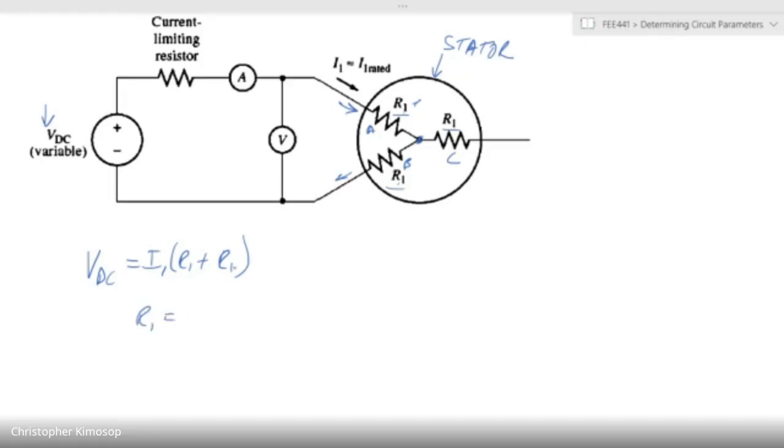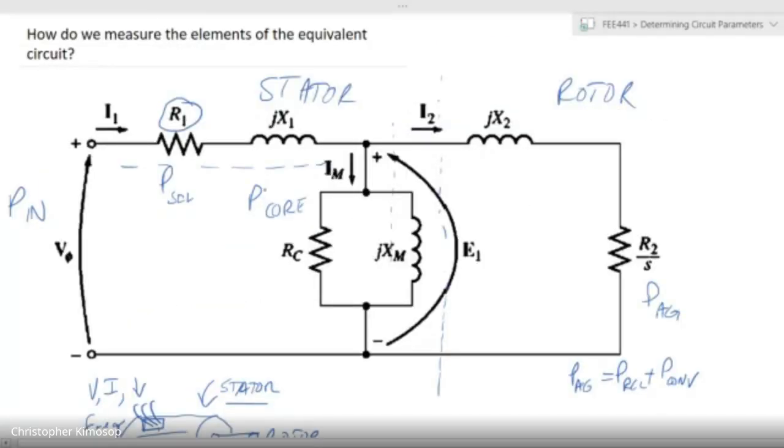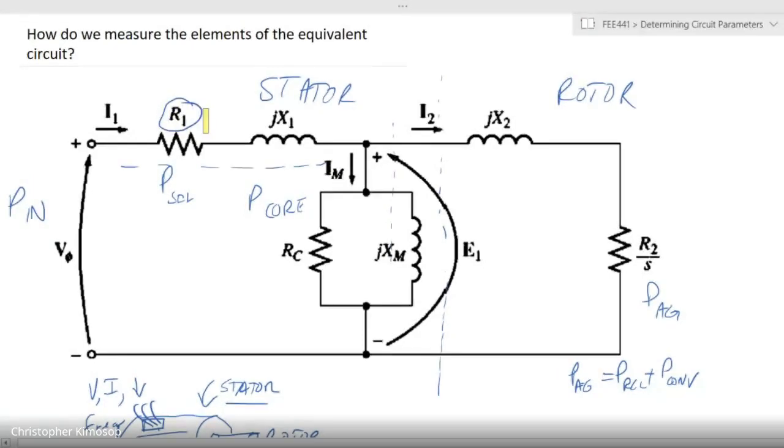So we rearrange so that R1 is the subject, and you have VDC over IDC times 2, because you had 2R1 here, so the 2 now comes to that side. So straight away, we have established a way of getting the initial circuit element, which is R1. Let's highlight that we now have a method of obtaining it.